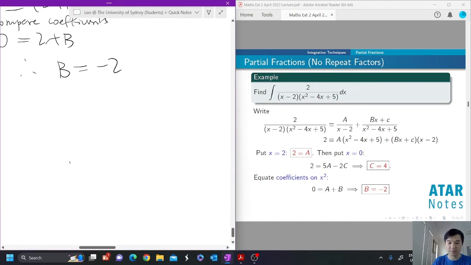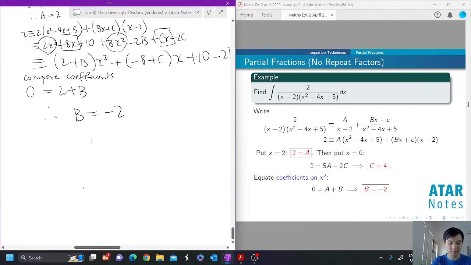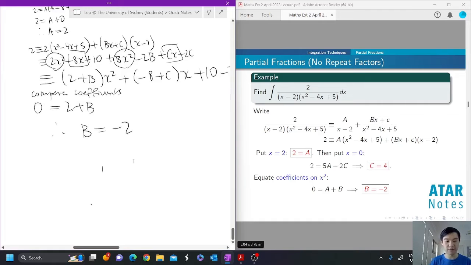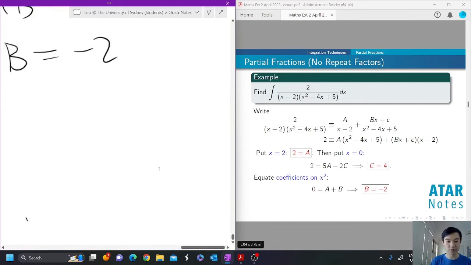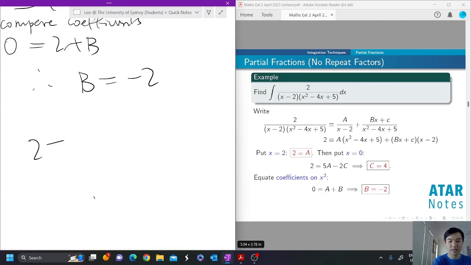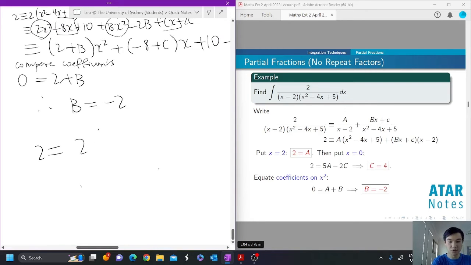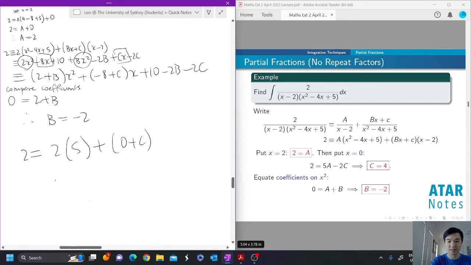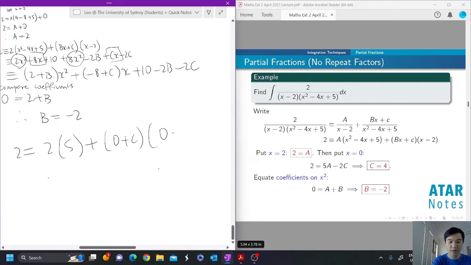gotten, so if we had let x equal 0, what we would have gotten is 2 is equal to, we said that a was equal to 2, so 2 times 5 plus 0 plus c times 0 minus 2, which would have been 10 minus 2c.